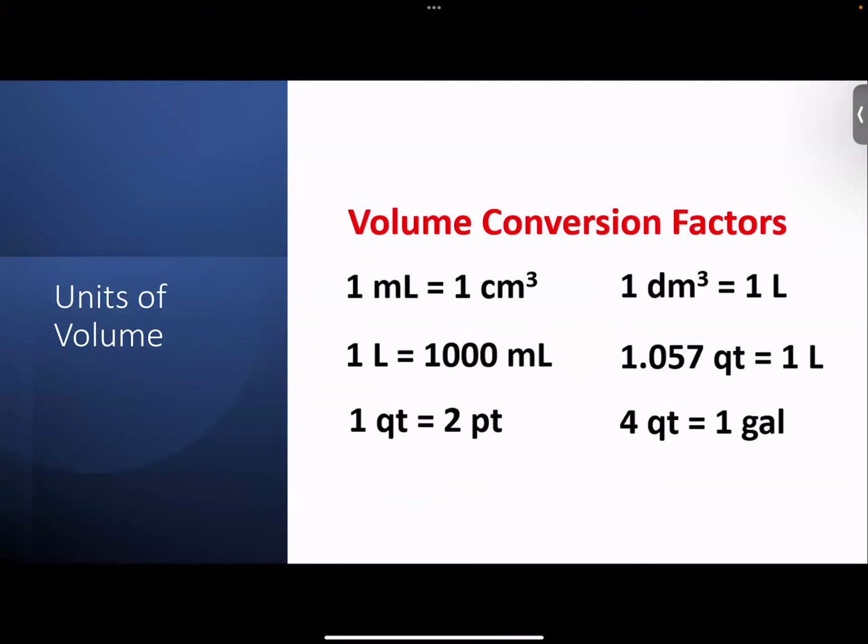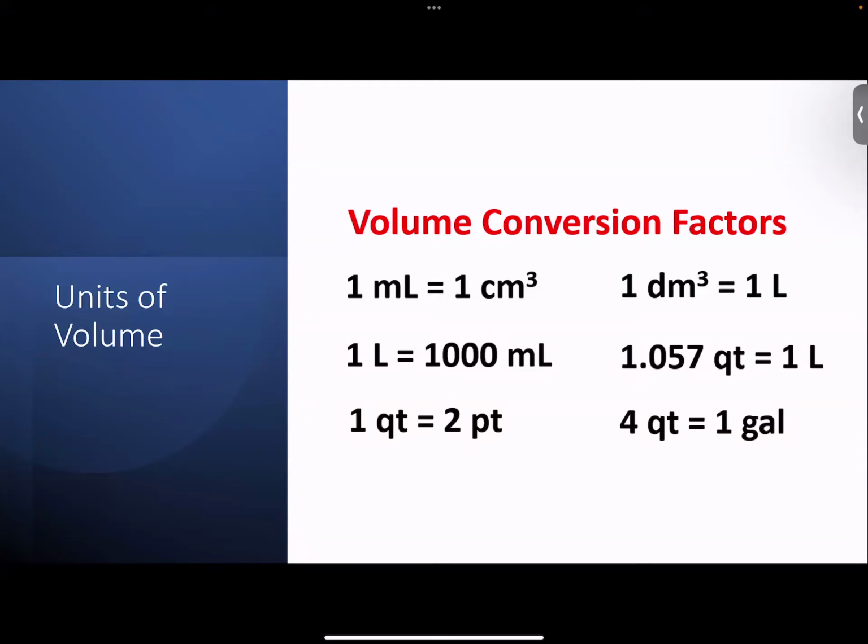Now, some volume conversions. 1 milliliter equals 1 centimeter cubed. That is the one that I told you you have to have memorized. The reason you have to have that one memorized is because it is used frequently, especially in the pharmaceutical and medical world.